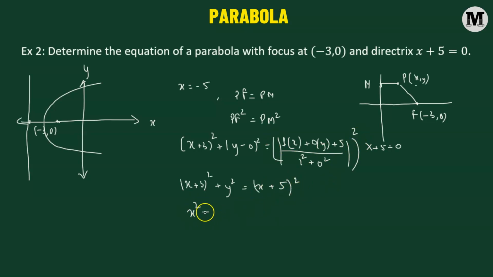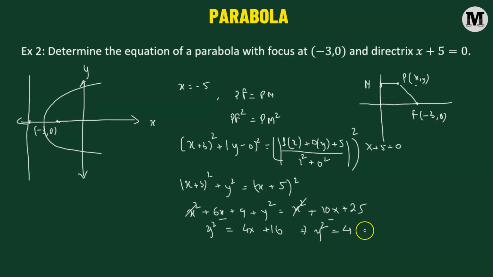Now we have x squared plus 6x plus 9 plus y squared equals x squared plus 10x plus 25. Here x squared and x squared get cancelled out. So we have y squared equals, we'll transpose 6x to the right hand side to get 4x. Then 25 minus 9 is 16, which gives us y squared equals 4 multiplied by x plus 4.